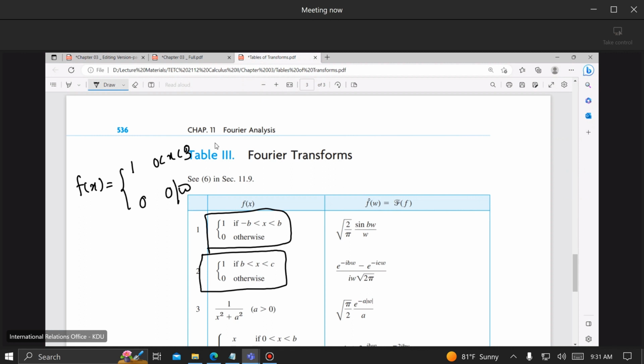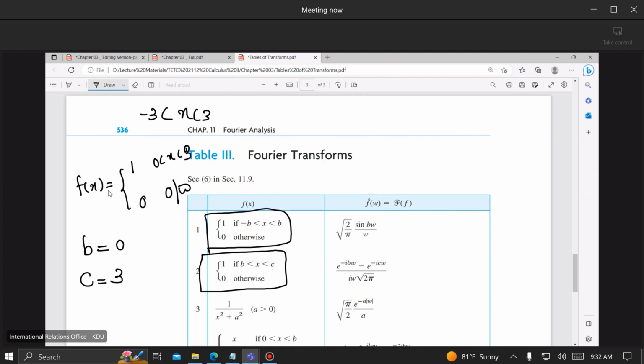So if we have a problem where x varies from minus 3 to plus 3, then we can use formula number 1. But in our problem, x varies from 0 to 3. The values are not the same. So we can identify that if b is equal to 0 and c is equal to 3, then this expression is similar to our problem.